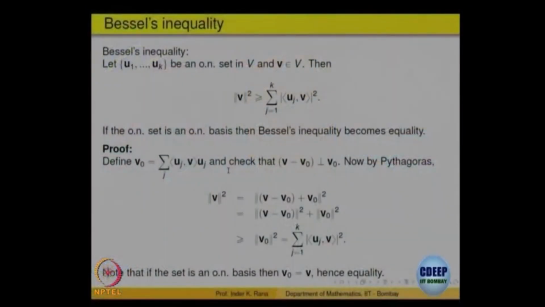Now, you can prove Bessel's inequality, but that is the same as the one we did for finite dimensional spaces, because that is only valid for 1 to k, right. But you can generalize this, okay. So, let us keep it for finite only. So, for finite, the same proof works, only thing is there is a notion of dot product now. So, same properties you can use and prove Bessel's inequality.